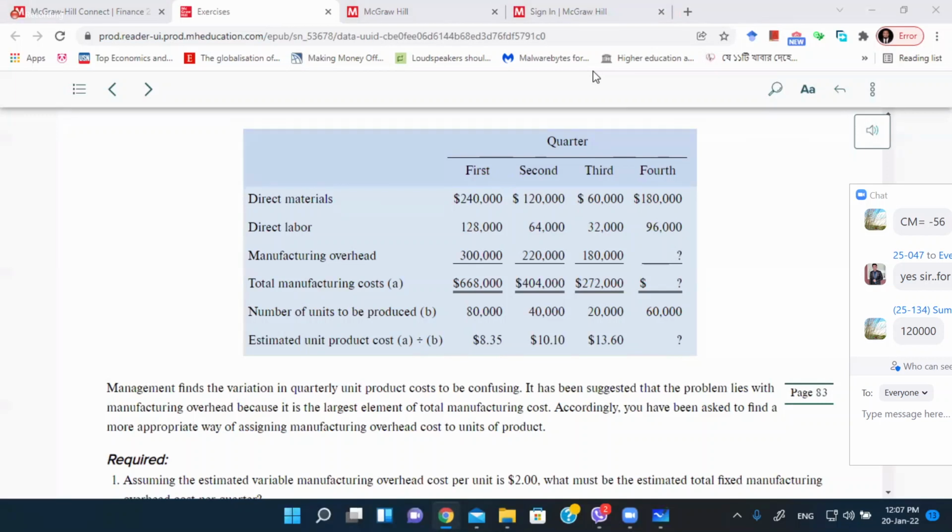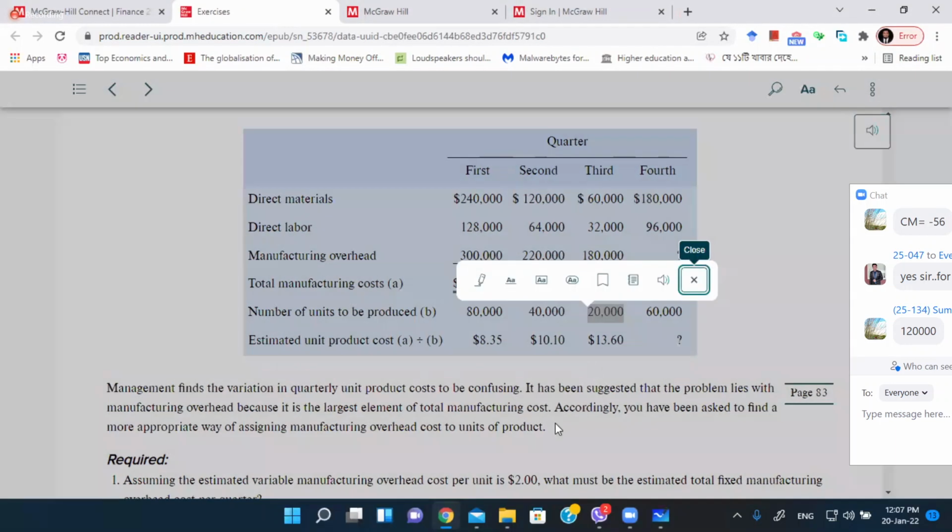So I see 120,000. How? In the third quarter, the number of units to be produced is 20,000. What is our variable portion of the manufacturing overhead per unit? $2.